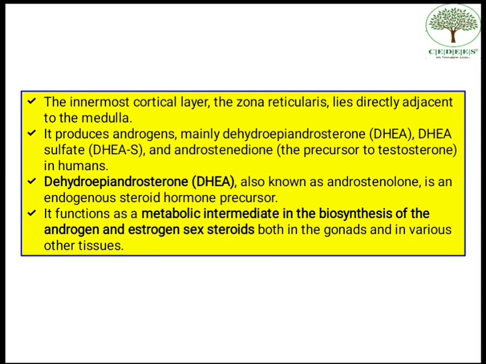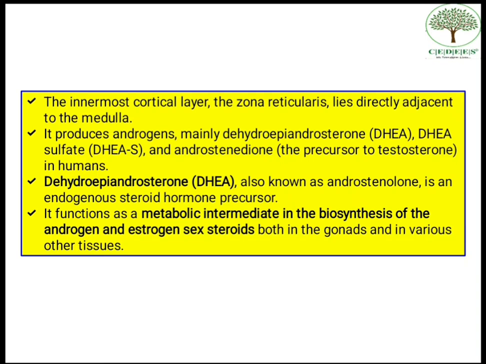So this hormone is secreted by both the male and female adrenal gland. One important thing to remember is it is an endogenous steroid. So it is a steroid which is produced by the body itself, and one of the most abundant circulating steroids. All the other steroids have to be administered exogenously. This is the most abundant endogenous steroid.